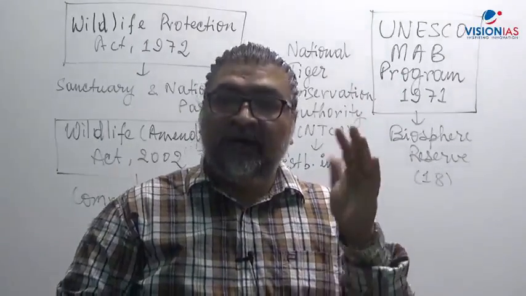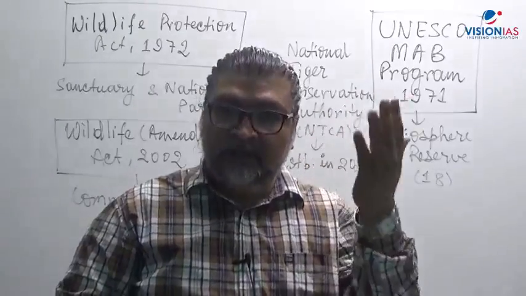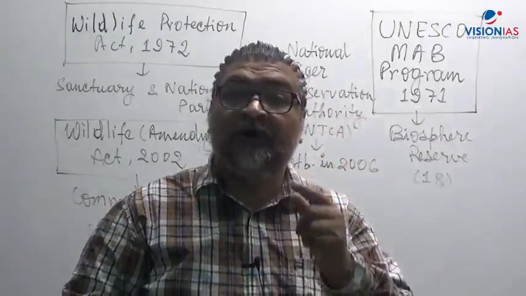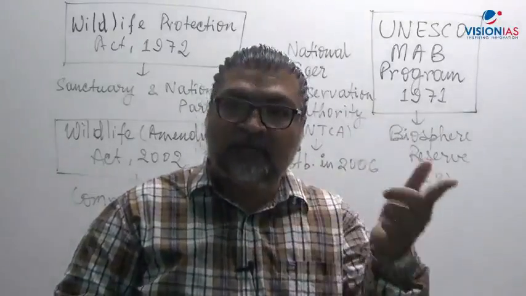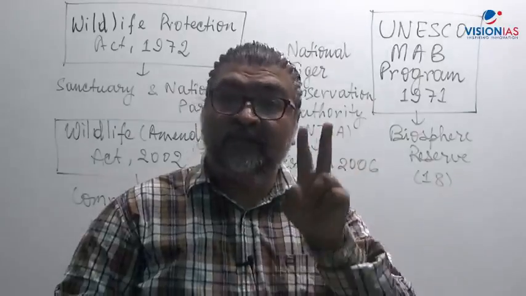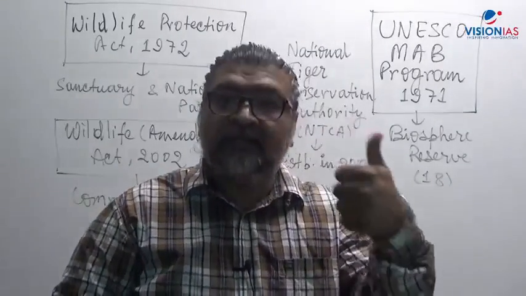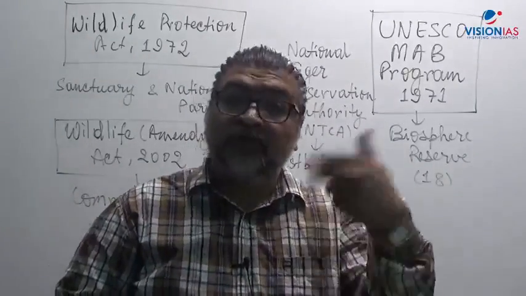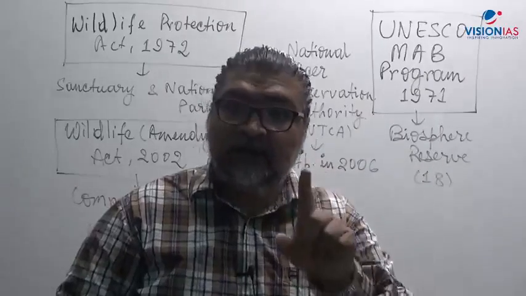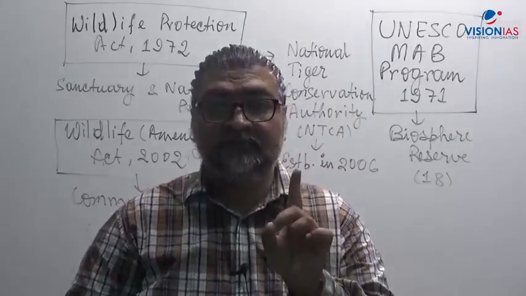The subject of wildlife was brought to the concurrent list from the state list by the 1976 amendment. It was earlier in the state list, then it was brought to the concurrent list, where now both the union government, Ministry of Environment, Forest and Climate Change, and the state government can declare national parks and sanctuaries. I am giving you very, very important information.